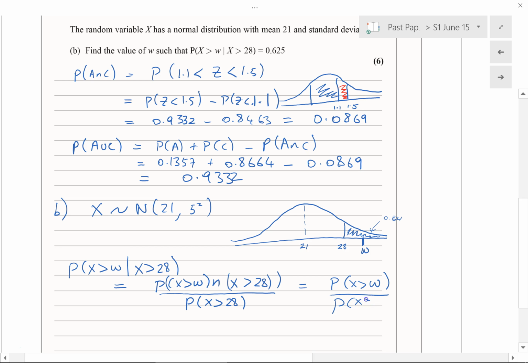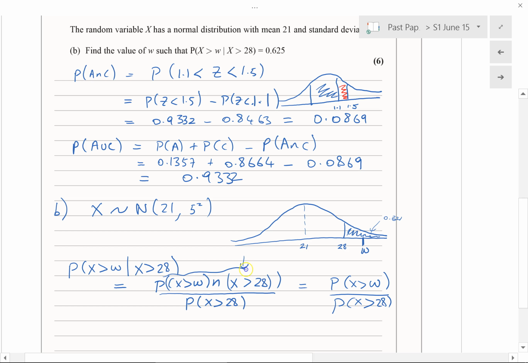It's one of these cases where if this is the case, then this is definitely the case. It's kind of an event totally contained inside the other event, in which case the intersection is exactly the same as the event itself. So that breaks down to that.